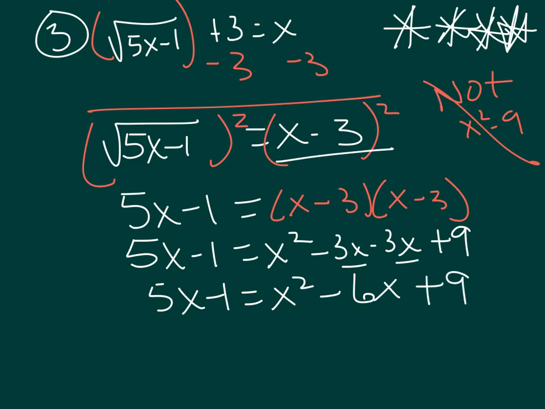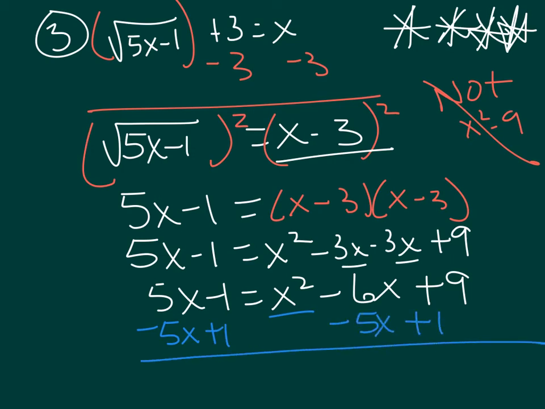So we have a quadratic here. Whenever you have a quadratic, you're going to want to get everything to one side. So I'm going to subtract the 5x and add the 1. So my left-hand side is going to equal 0. I'm going to have x squared minus 11x plus 10.